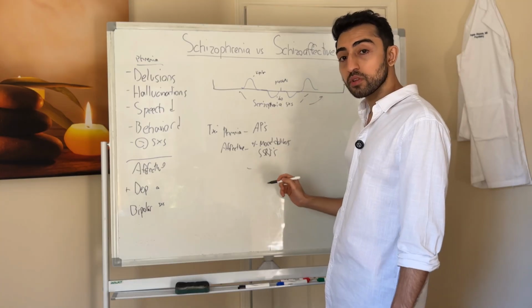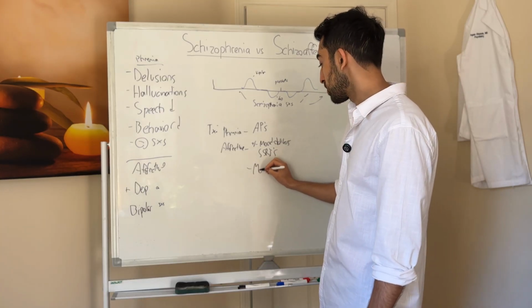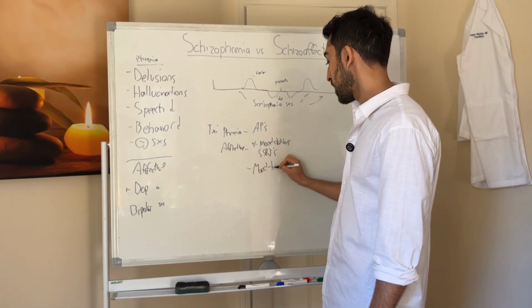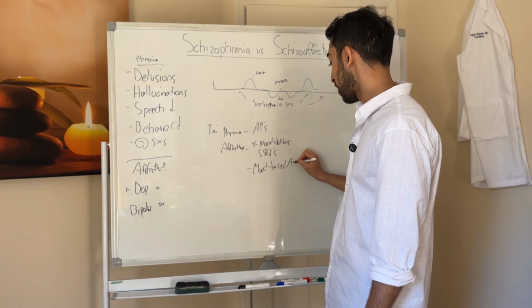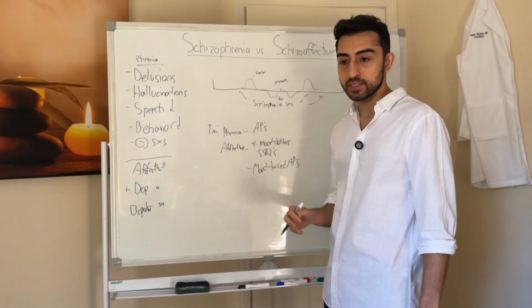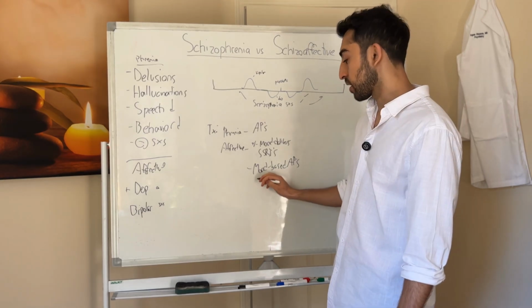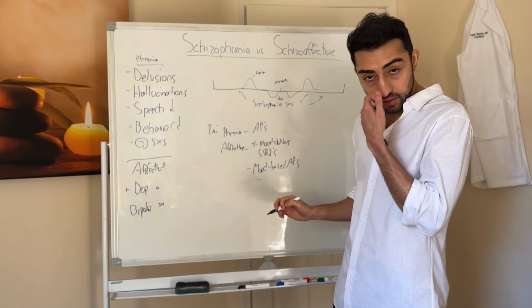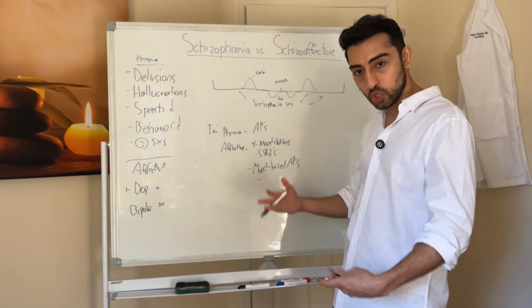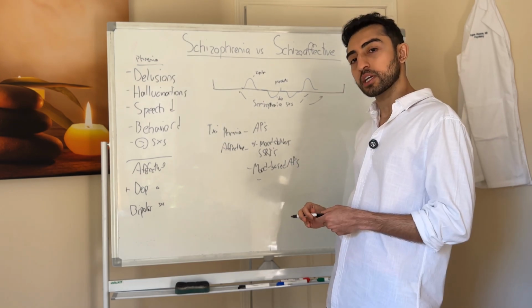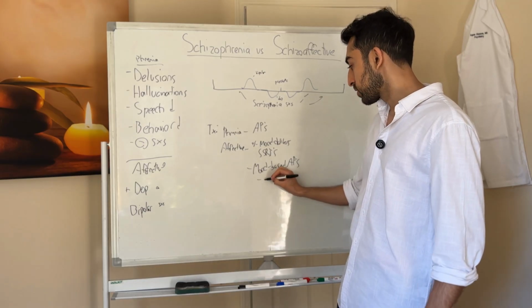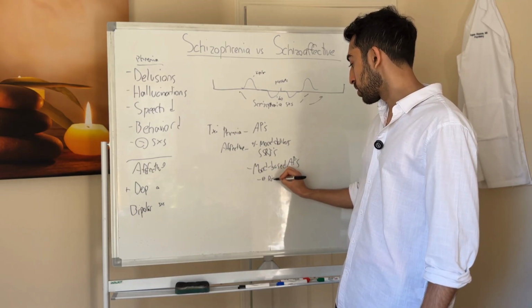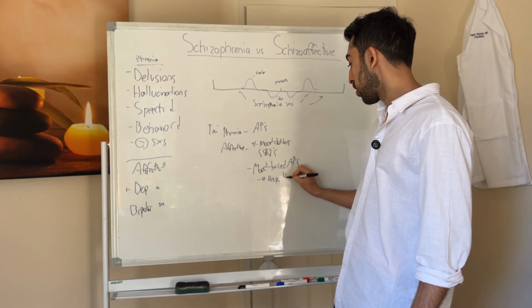You can also utilize mood-based APs, antipsychotics. So what do I mean by this? So some antipsychotics like risperidone, Haldol, those are more just like pure D2 blockade, dopamine psychosis blockade. So I'll say no risperidone, Haldol.